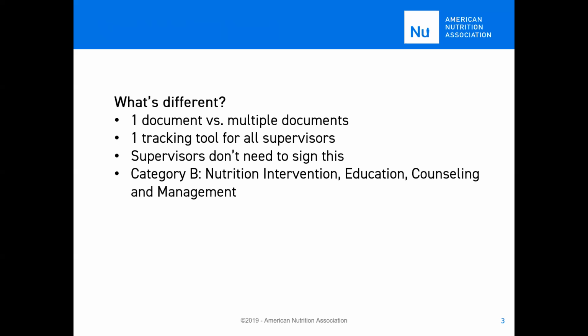Supervisors don't need to sign the candidate's document, but they will continue to submit the supervisor's report with their signature and information there. And category B, which is nutrition intervention, education, counseling, or management, competencies are grouped in a slightly different way than they had been before on the self-evaluation sheet.